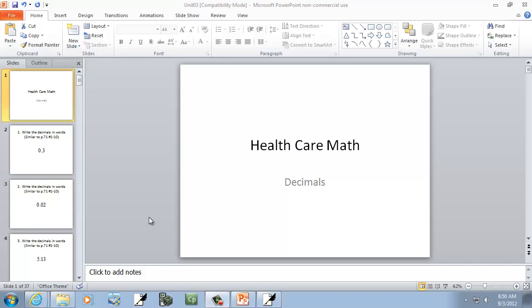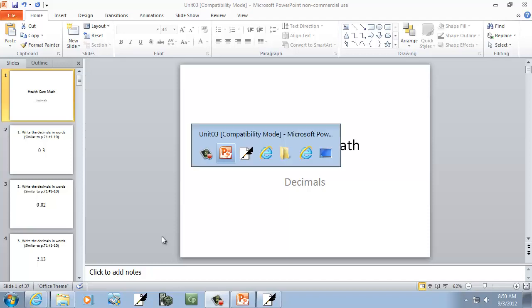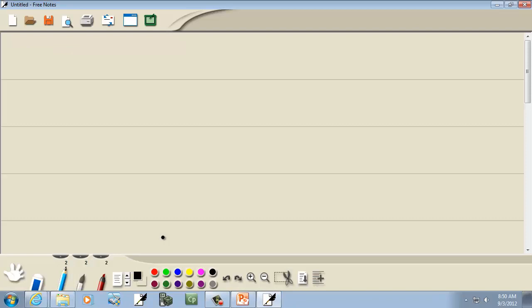Let's take a look at decimals. First thing, let's talk about our placeholders. We've talked about this in the past, but remember, if we're over in this side, that's our ones place.